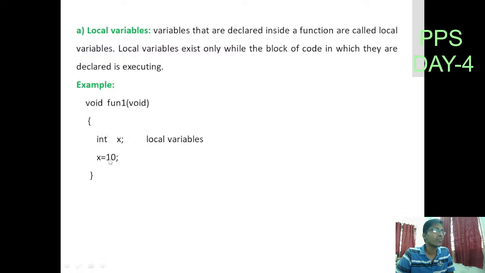Once the program execution comes after the closing curly bracket, the lifetime of variable x is going to expire. So the scope of local variables is within the block only. So that is local variables.